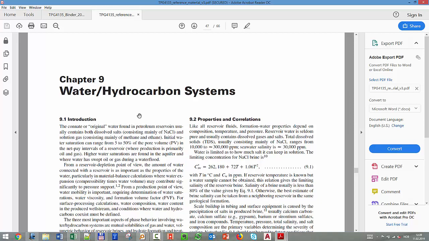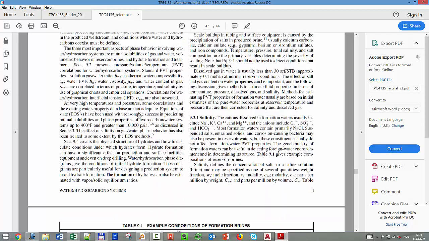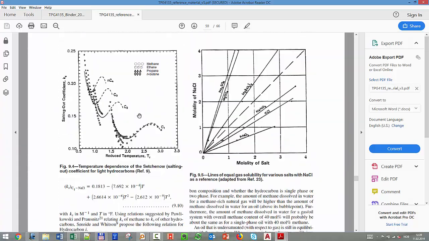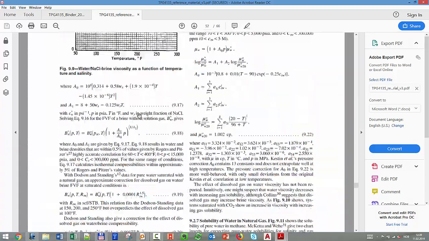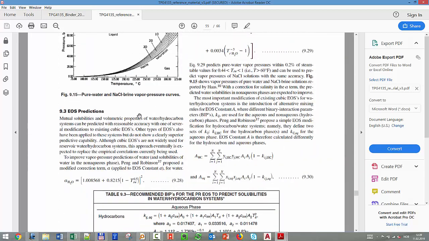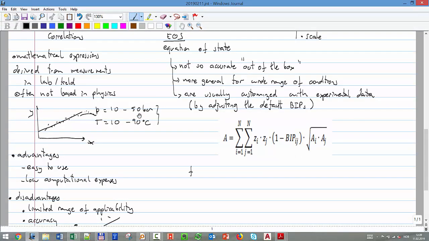Also, gas can be dissolved in water, then you can have oil dissolved in water, or water dissolved in oil. So you have many different things that we are not going to cover here in class. We just want to give you the most important, which is water and gas. But this is really very complete and has a lot of interesting discussions. On the EOS part, you can read more if you are interested. I think it's section 9.3, EOS predictions. So I'm going to put that here for more information.